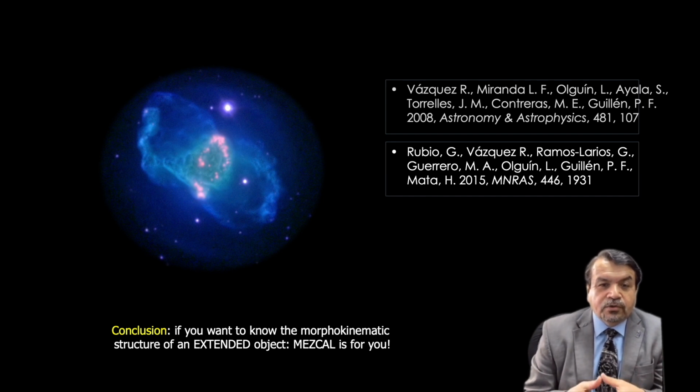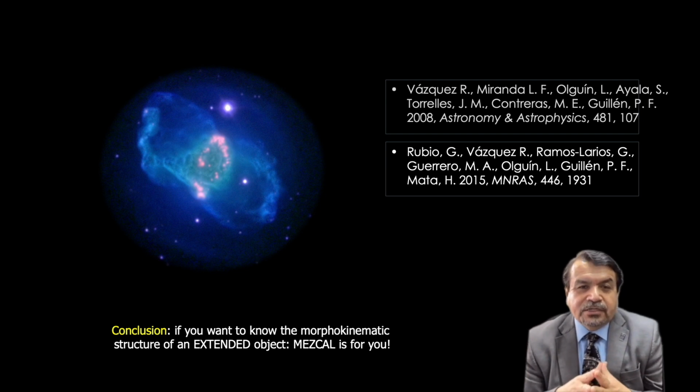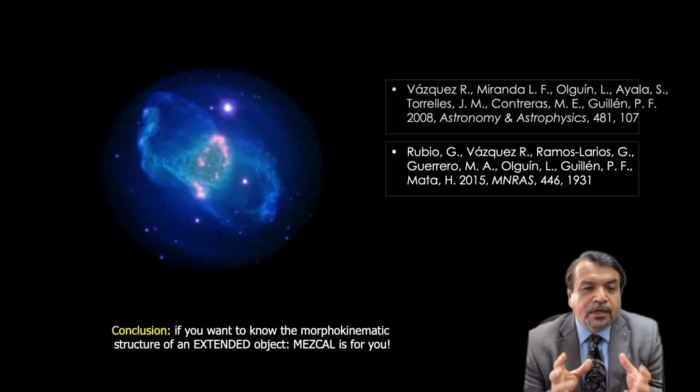And this was a component of Gabriel Rubo's master's thesis. Therefore, the conclusion that I placed on this transparency is that if you want to understand the morphokinematic structure of an extended object, Mezcal is the suitable choice for you to explore and gain insights from.